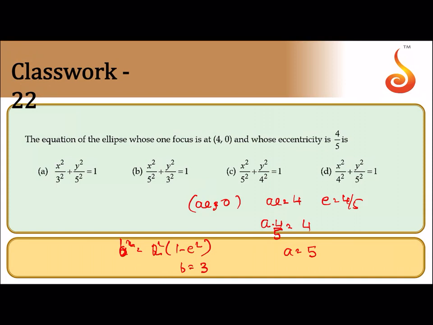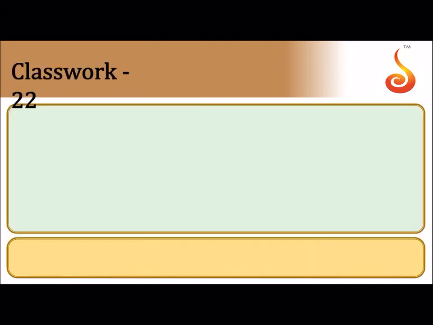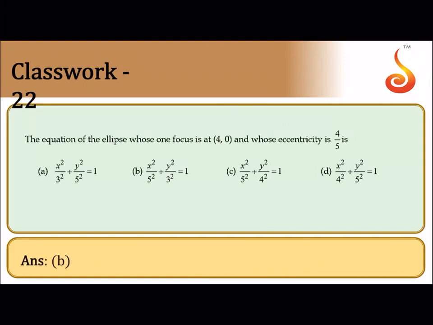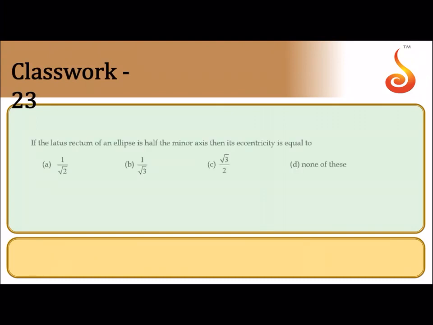So the option is x square upon 5 square plus y square upon 3 square, so option B is correct. A E, 0 is given to us, so A is equal to 4 by 5. Simple problem. You can calculate the value of B. Option B is correct.